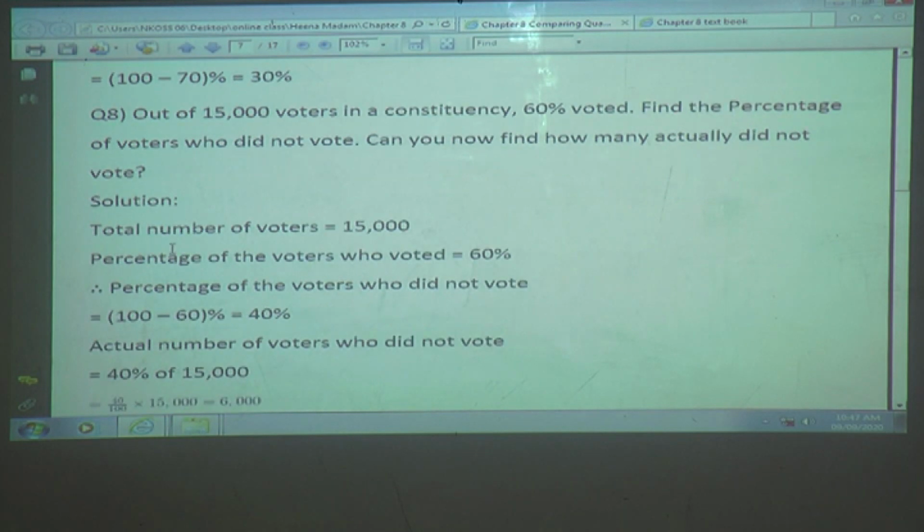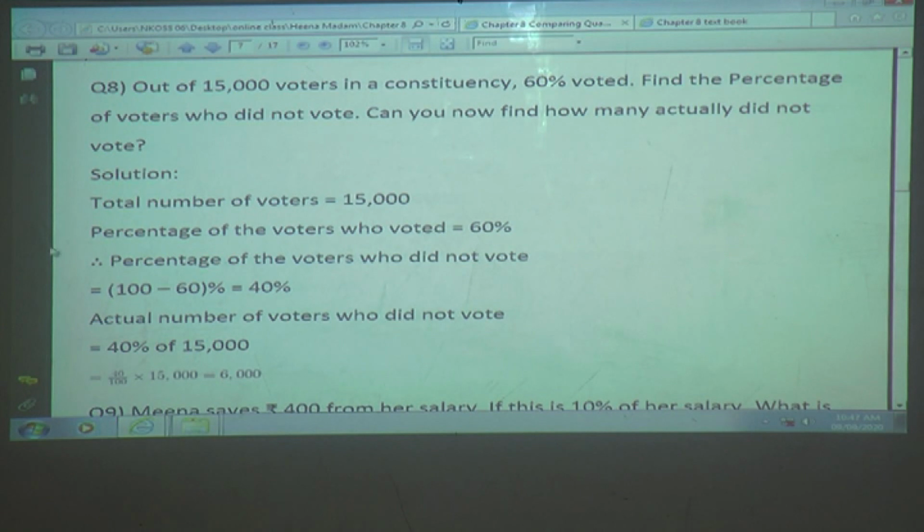First, we will write the solution from reading the statement. The total number of voters is 15,000. You can imagine your nearby area, some colonies or something, where you have 15,000 people, 60% have done the voting, and we are finding the number of people who have not voted. So the percentage of voters who voted is 60%, which is already given in the question.